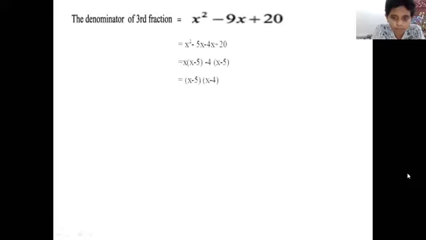Our last one is x square minus 9x plus 20, which is equal to x square minus 5x minus 4x plus 20. Here x is common, so we write x into (x minus 5), and minus 4 into (x minus 5). Here 4 is common.